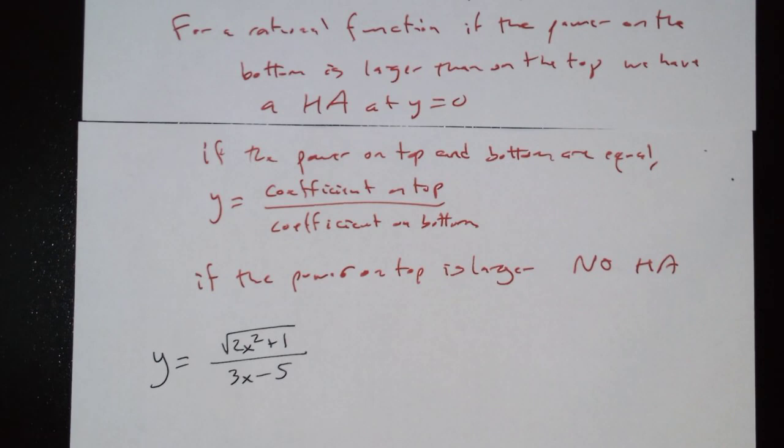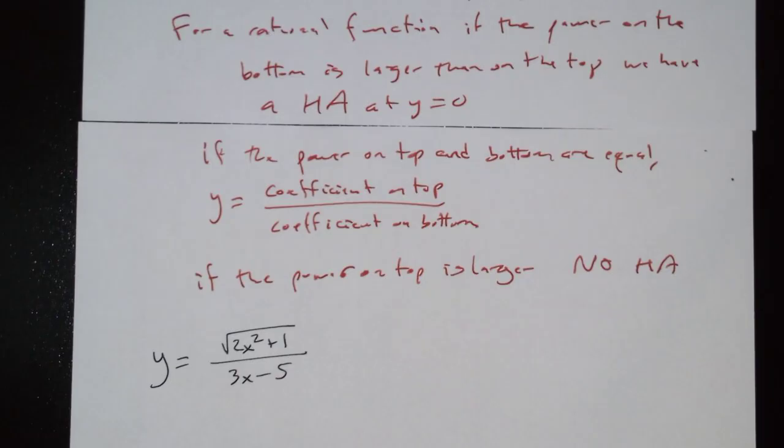But when I think about what's going on here, I've got 2x squared under a square root. What happens when you take the square root of a square? They cancel out. So I can think that the top should really not behave like an x squared. It should behave like an x, the square root and the square kind of canceling each other. And that would mean that the power on top and the power on the bottom are really the same. So maybe my trick can kind of work.